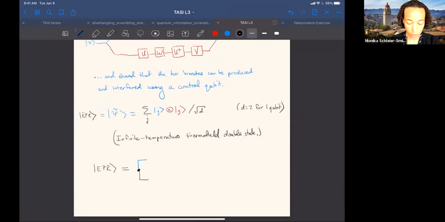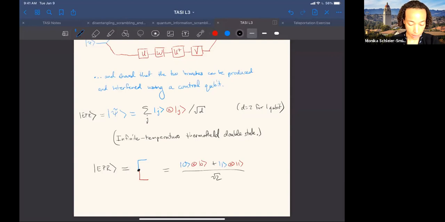If it's just a single qubit, this would be representing |0⟩|0⟩ + |1⟩|1⟩ over √2. Okay, so that's just notation.